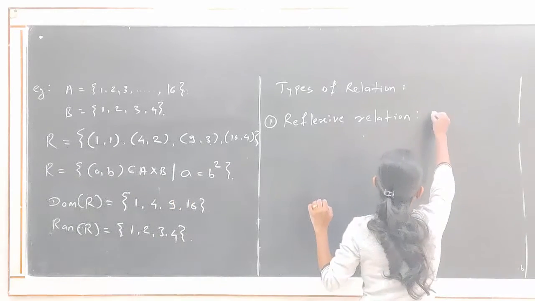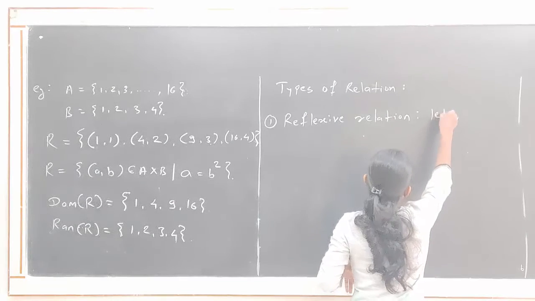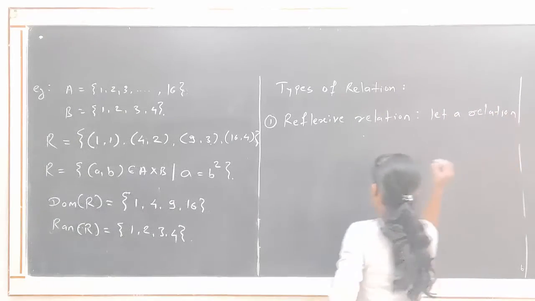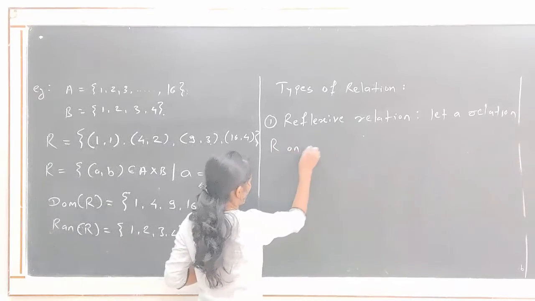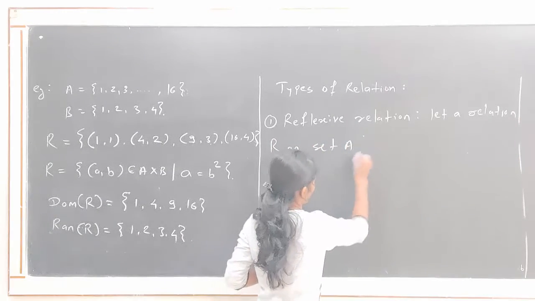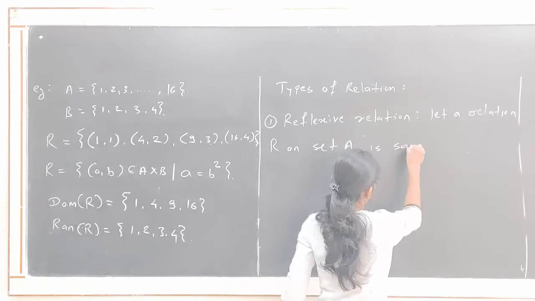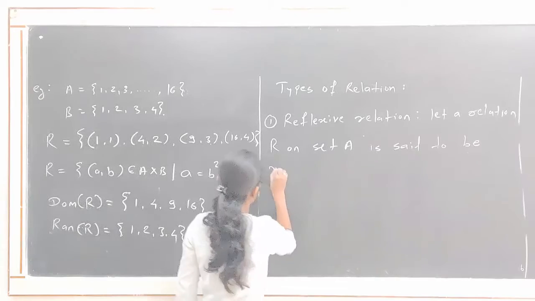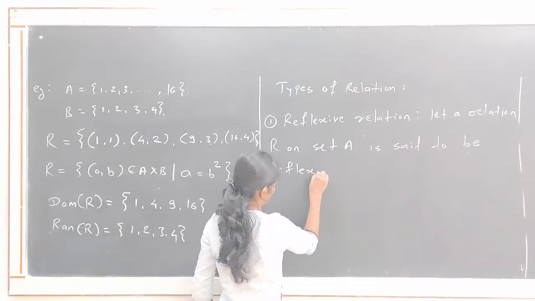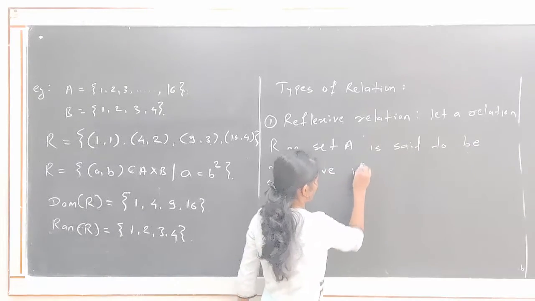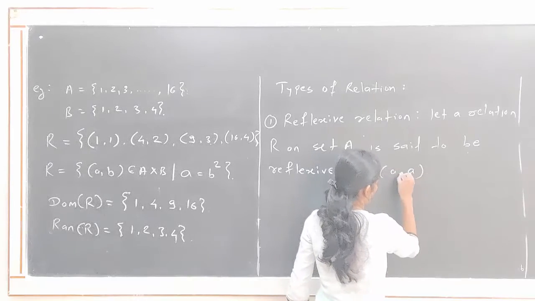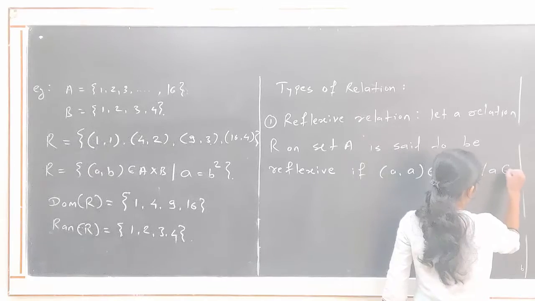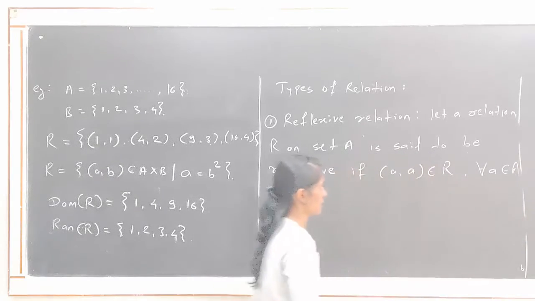Definition: let a relation R on set A be said to be reflexive if the ordered pair (A, A) belongs to relation R for every A belonging to set A.